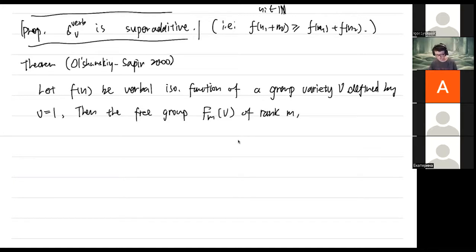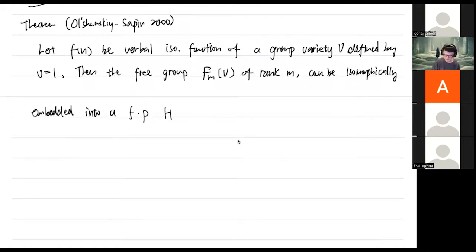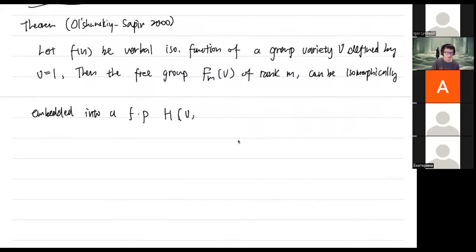So you can basically plug in any variety you want, and it can be isomorphically embedded into a finitely presented group H, where H depends on the identity you choose and the rank of the free group.